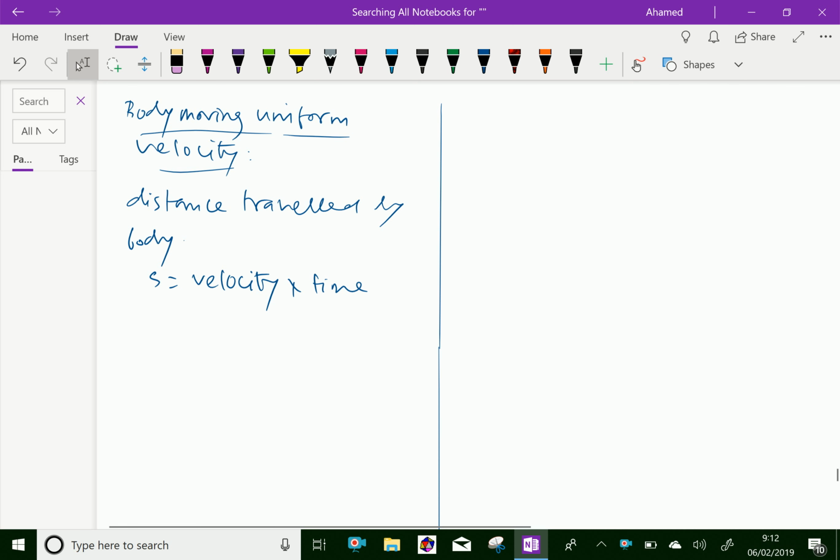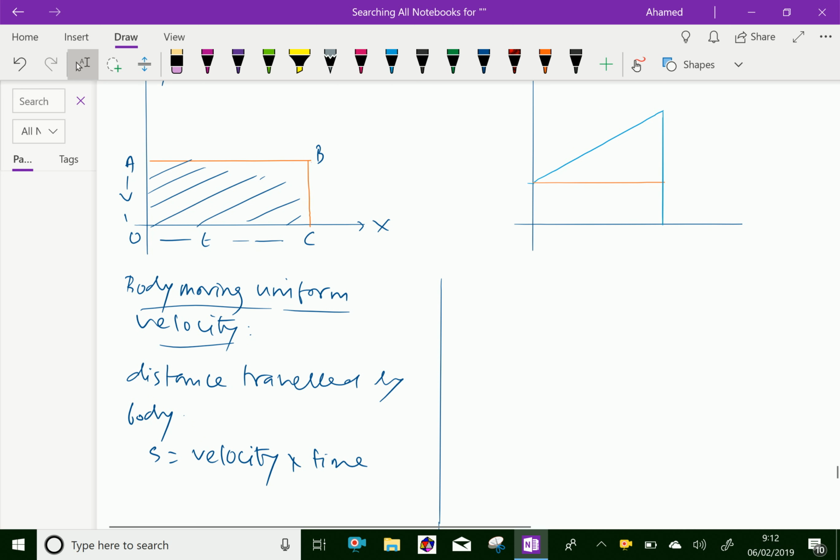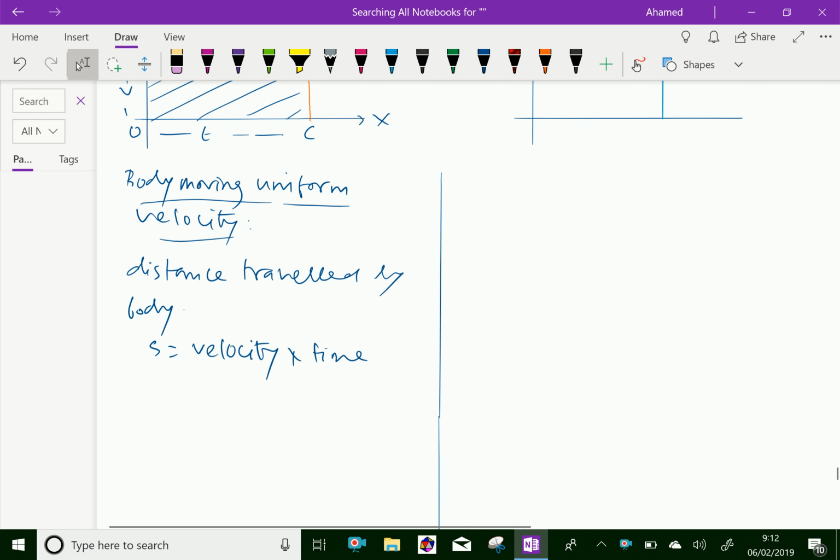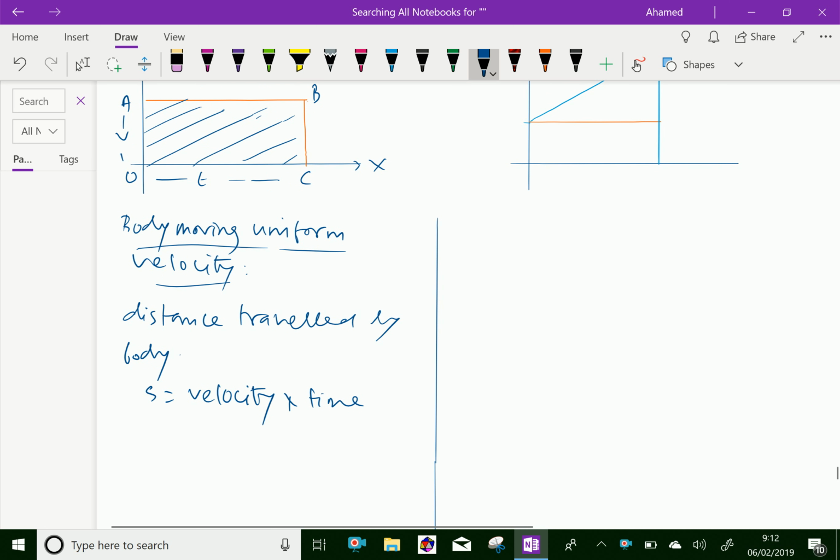In some scale, if t is in seconds and velocity in meter per second, then the area represents the distance traveled by the body in meters. Now the same thing we will do when a body is moving with variable velocity.